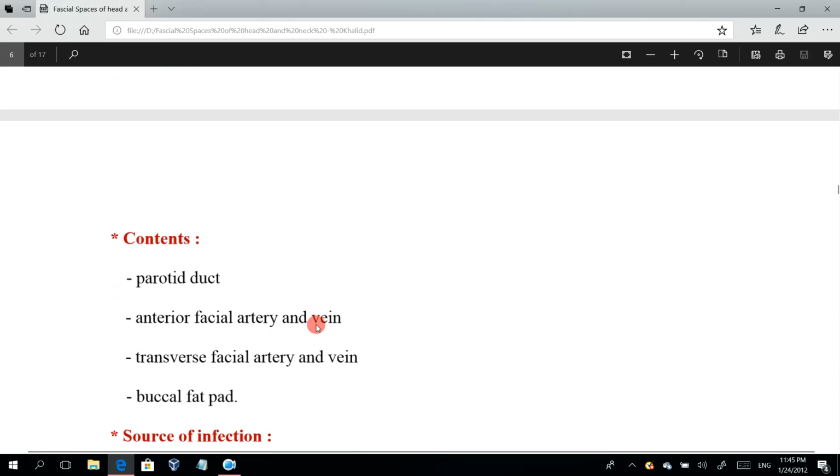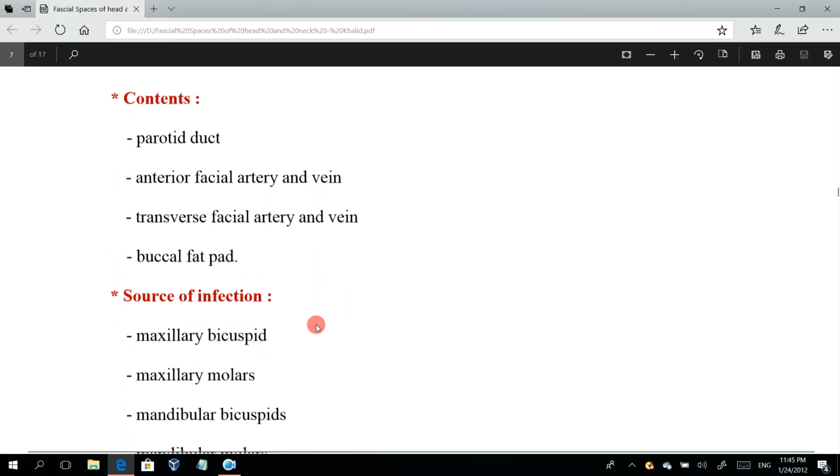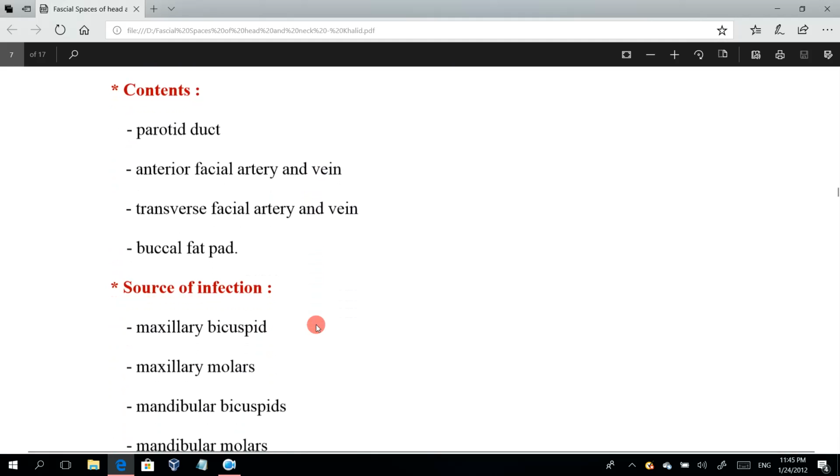What are the contents of this space? This space contains the parotid duct. If you remember, when I gave you the lecture on the parotid gland, we talked about the parotid duct, and I told you to palpate it just below the zygomatic arch and anterior to the anterior border of the masseter muscle.